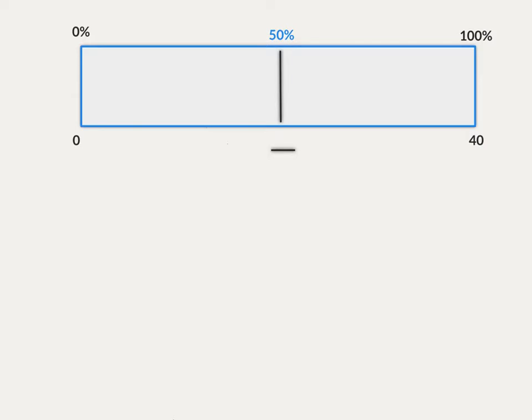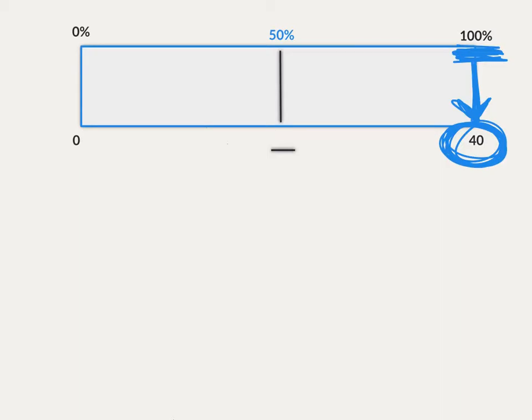I know, for example, there were 40 students in the class. So those 40 students would represent the entire value of the percent bar. The entire bar has a value of 40. 100% of this bar has a value of 40. 40 students represent the entire class.